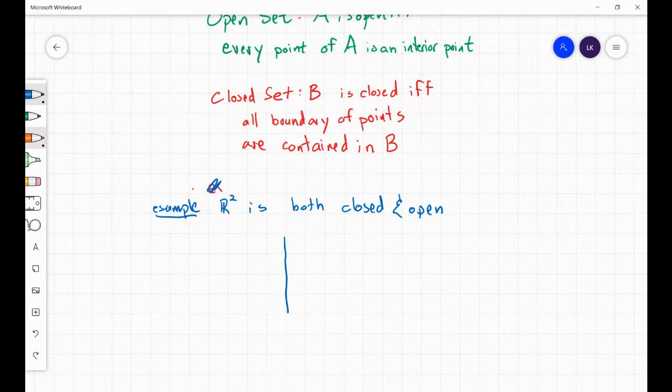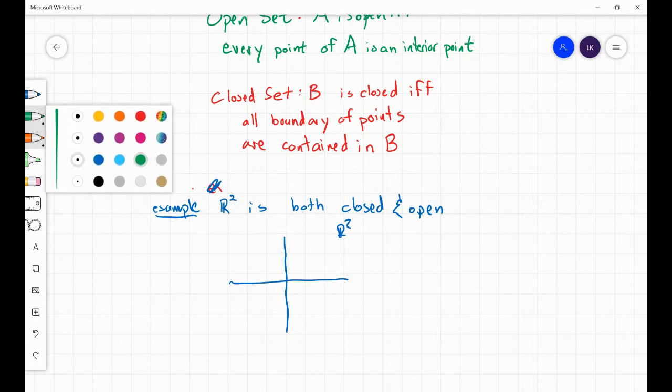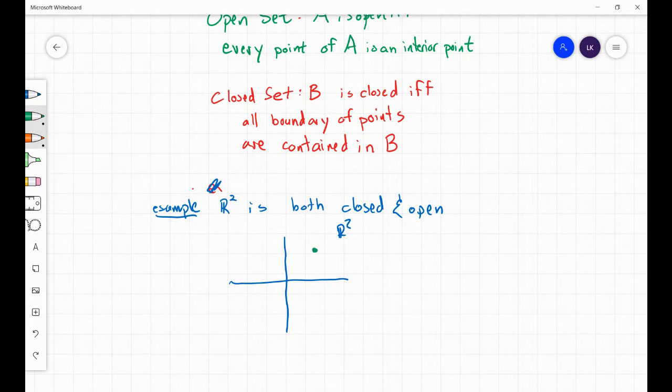This is because, if we take the example of R2, since the region D is all of R2, every point is an interior point, right? Every ball centered at each point is completely contained in R2. So it's definitely open. Every point is an interior point.